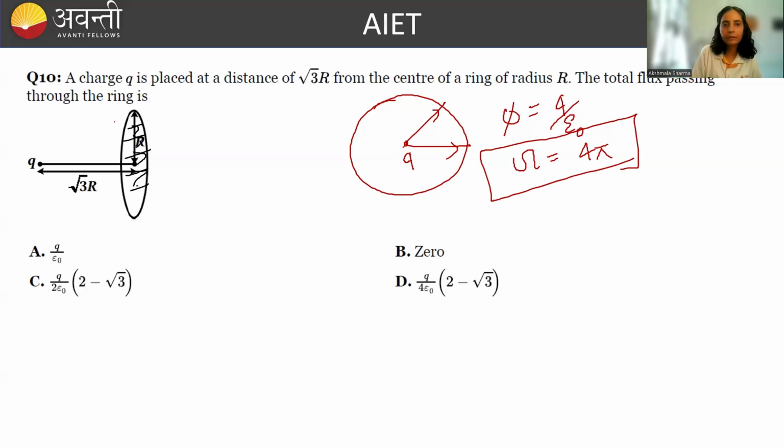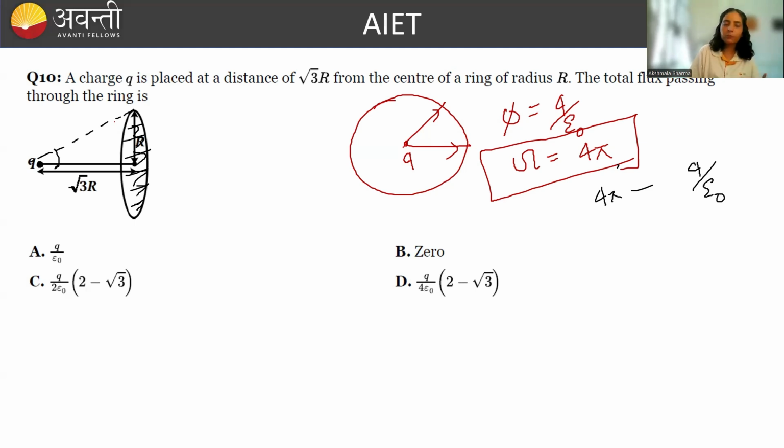If we are able to find what solid angle this area is forming at the charge point, then we can calculate the flux because of this Q charge through this area. Just now I have shown you, according to Gauss's law, flux through a closed surface is Q by epsilon naught. And I said if the surface is closed, then at any point inside, the solid angle formed is 4 pi. So for angle 4 pi, flux will be Q by epsilon naught in this case.